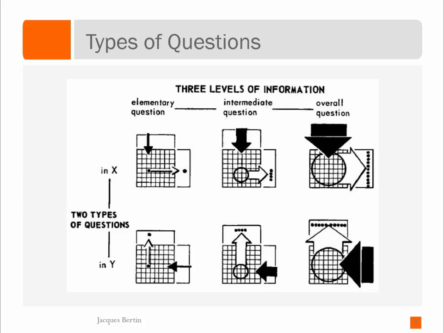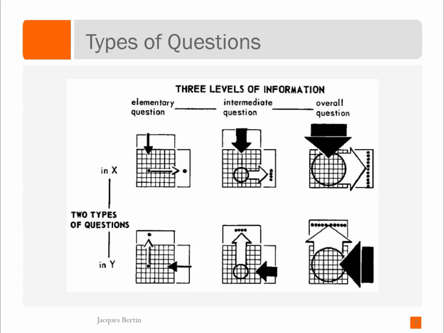Then we have an intermediate question. The intermediate question is questions we might ask perhaps after a processing routine that we'll talk about in a minute, that corresponds to more than one particular row or column. And you see highlighted that on both the X and the Y axis, an intermediate question would be a question that we would ask for a group of months, so perhaps for a season, and a question that we might ask for a number of individual groups as a set.